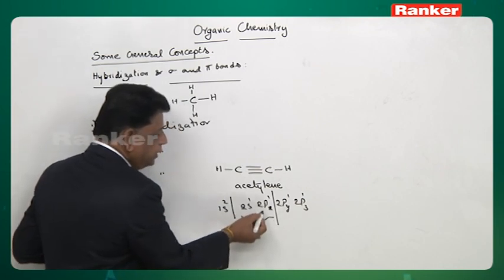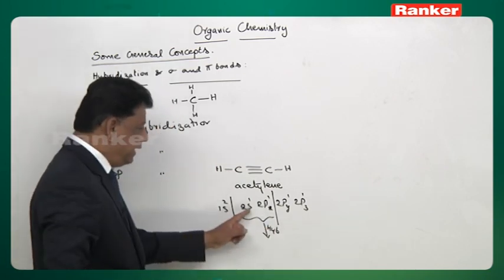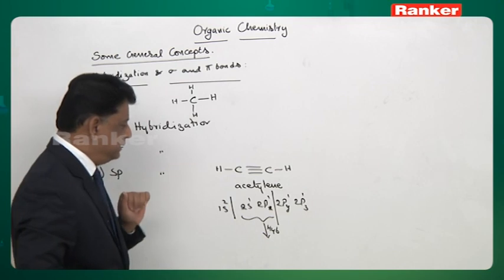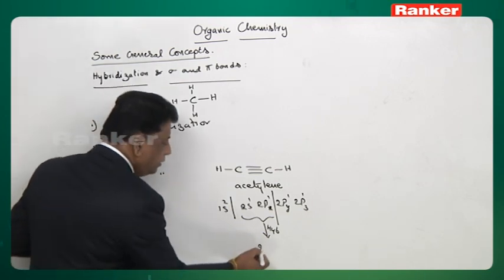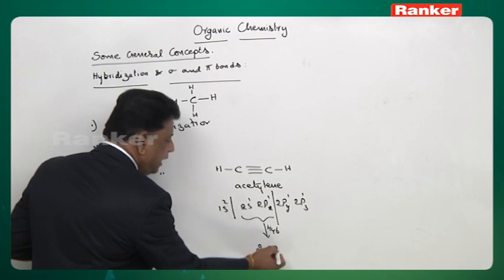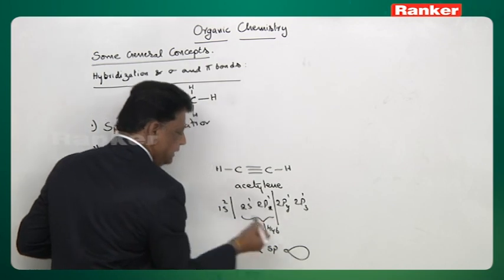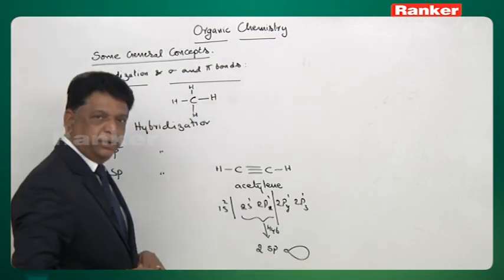Only 2s1 and 2px1 are going to take part in hybridization, which is called s and p, sp hybridization. And how many orbitals? 2 hybrid orbitals are formed. They are called sp hybrid orbitals, and each hybrid orbital will be like this. So there are 2 hybrid orbitals.